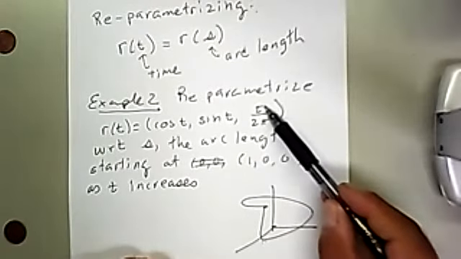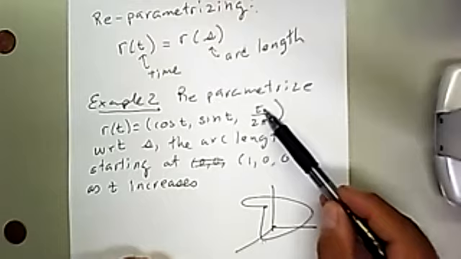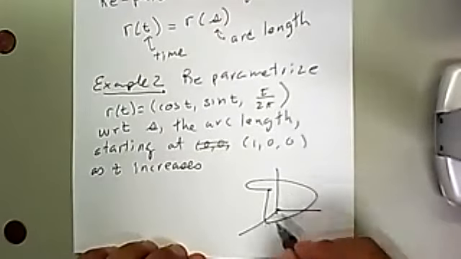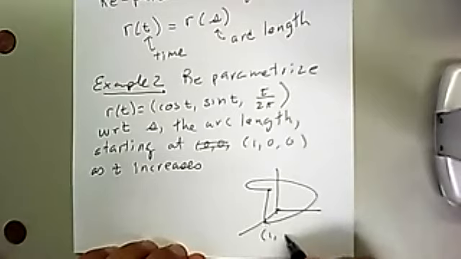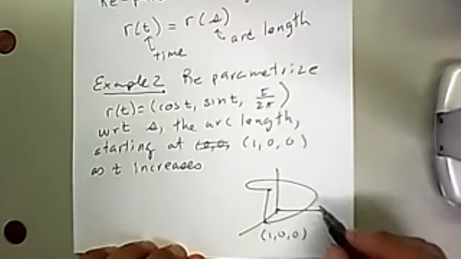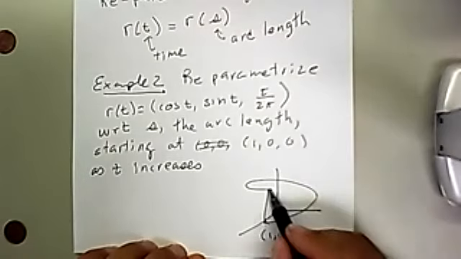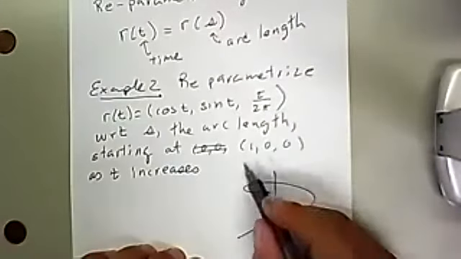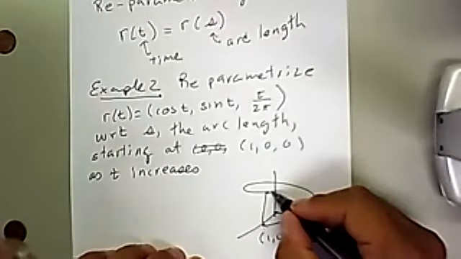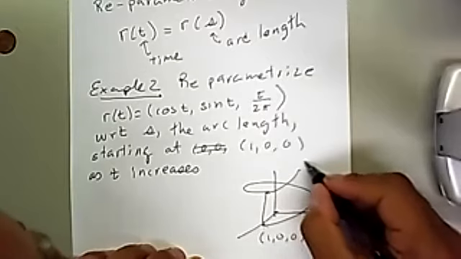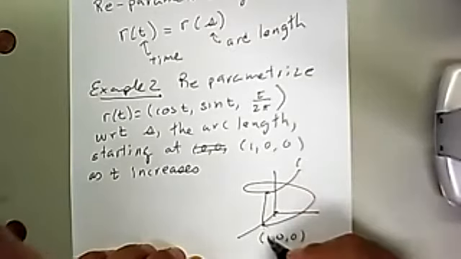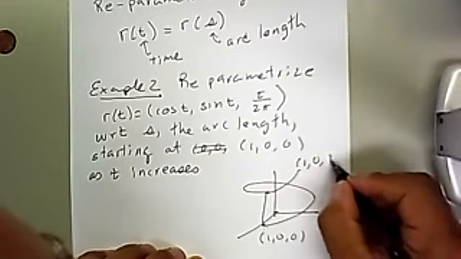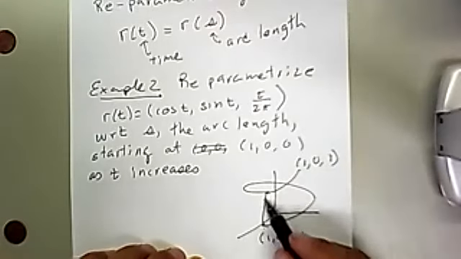And when t is 2 pi, the height, the z value, will be 2 pi divided by 2 pi, which is going to be 1. So the starting point is 1, 0, 0. And the ending point after 1 revolution, of course, this continues to more revolutions as t increases, but after the first revolution, the ending point will be the same x and y coordinates, 1, 0, and then 1 unit up here.